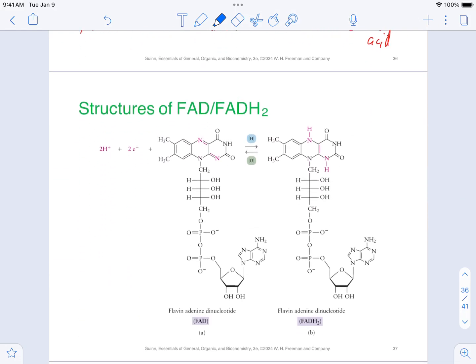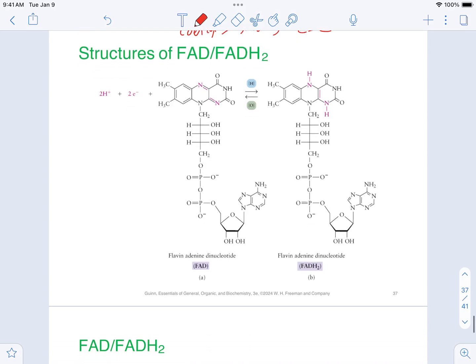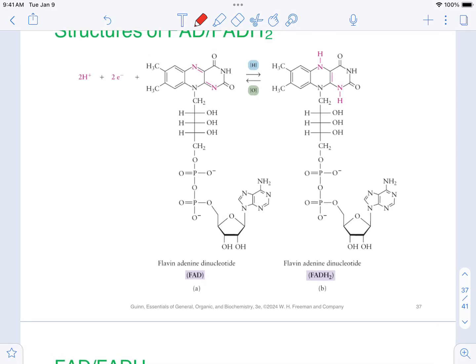Your other coenzyme that we're going to talk about is FAD and FADH2. This coenzyme involves carbon-to-carbon double bonds. So the NAD plus and NADH was the carbon-to-oxygen double bonds. This is your carbon-to-carbon double bonds. Your FAD down here gets reduced to FADH2.